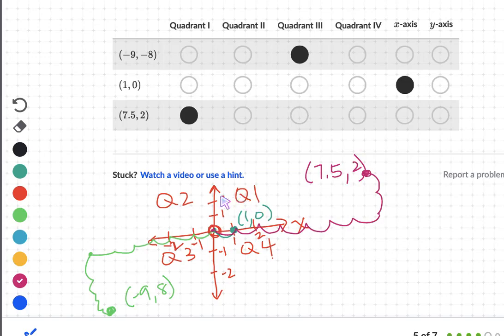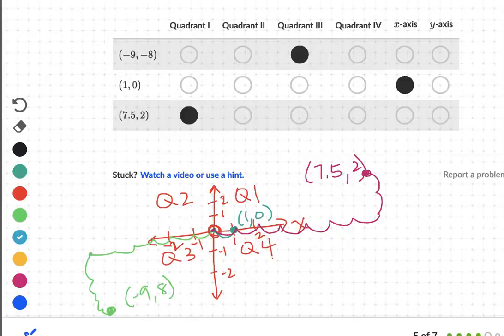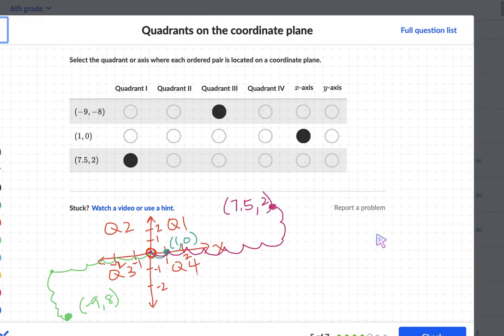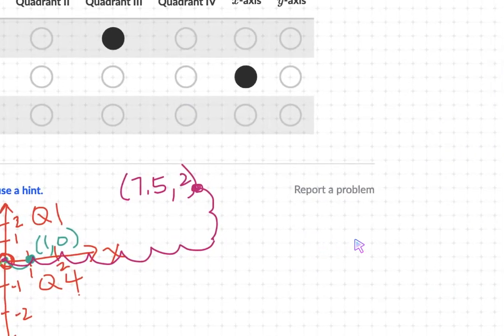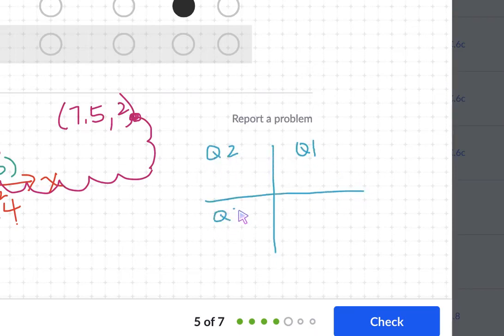Okay? The other way, if you already know your patterns, is that you can use your patterns and draw yourself a sketch as well. So, if I know my pattern, then I would know Quadrant 1 goes first, Quadrant 2, Quadrant 3, Quadrant 4.